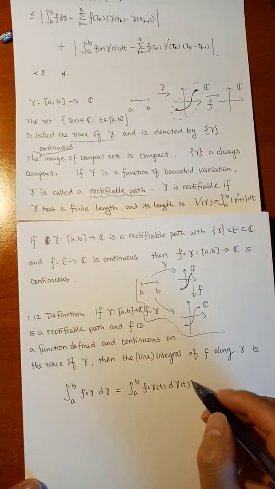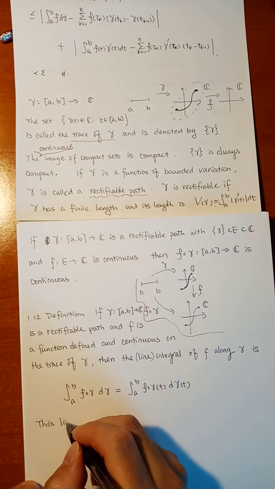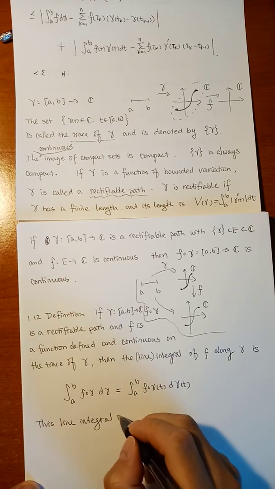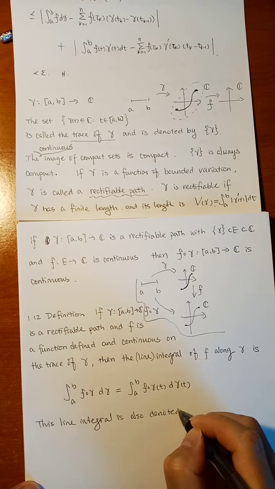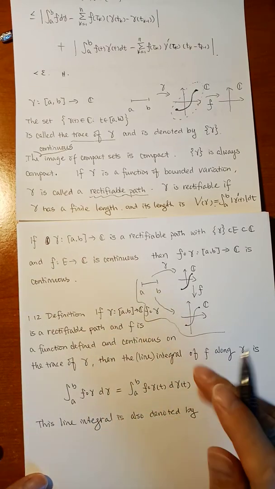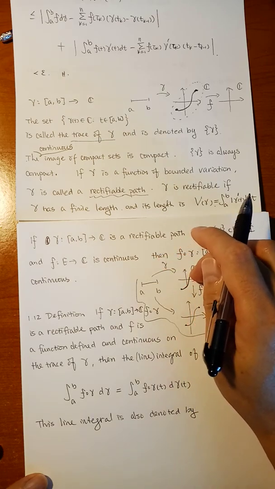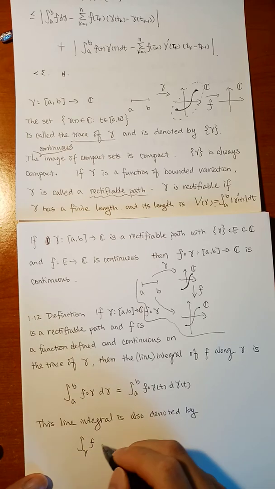Okay, there's another way to write it. This line integral is also denoted by what? You are going to integrate f along gamma, so it's f along gamma.